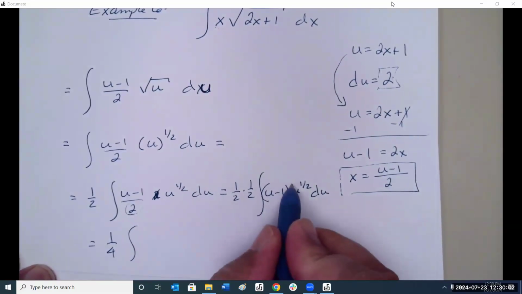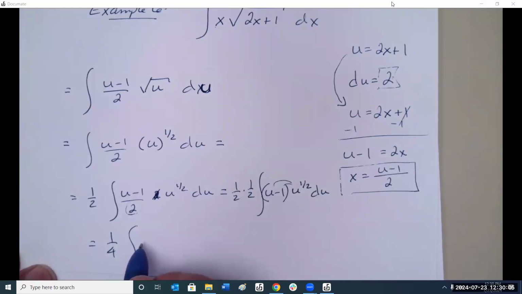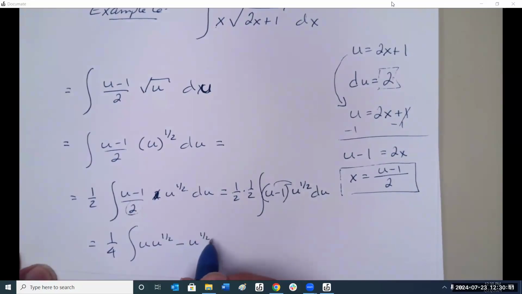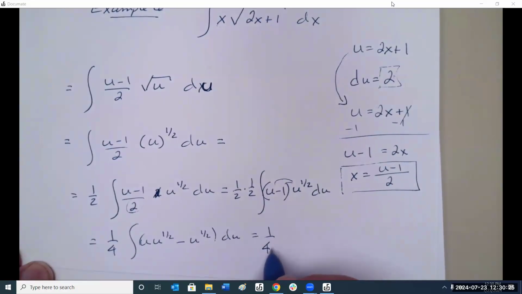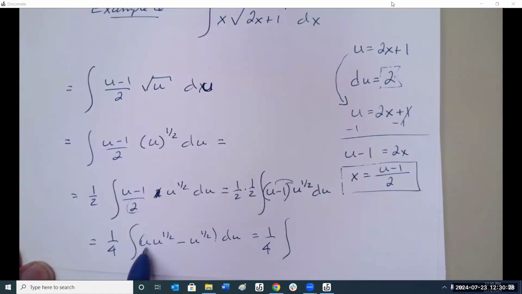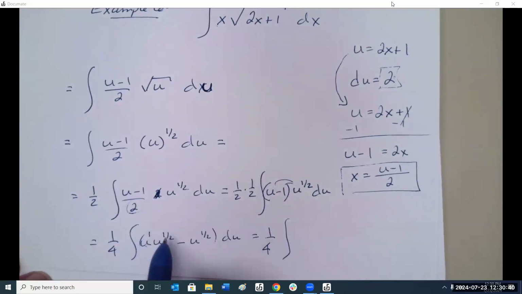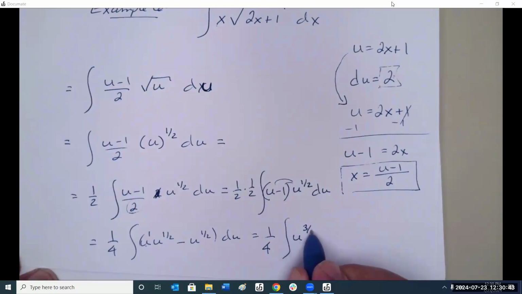Now inside here, we can distribute: u times u to the power 1/2 minus u to the power 1/2 du. u times u to the power 1/2. What do you do with the exponents? Whenever you multiply the same bases, you add the exponents. So 2/2 plus 1/2 is u to the 3/2.